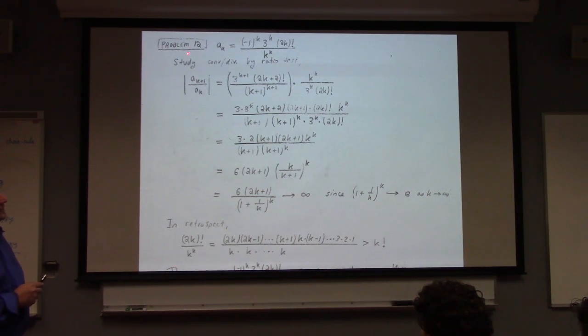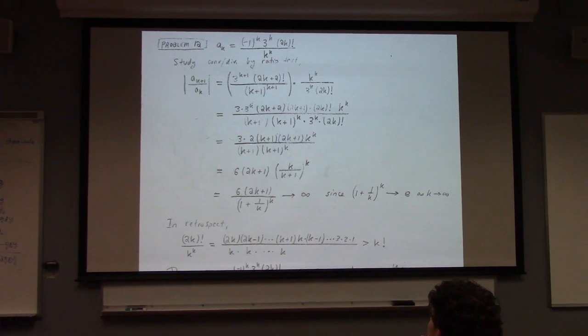So this is for problem 12. There is something important here. I should clarify: the ratio test does apply when you get infinity. I don't know if I ever came out and said this. If the ratio test works out to infinity, it implies divergent.